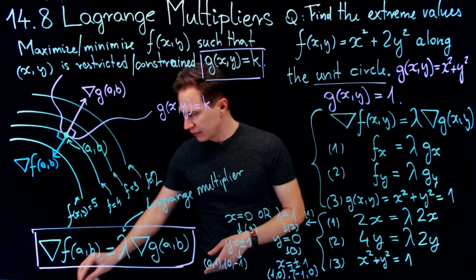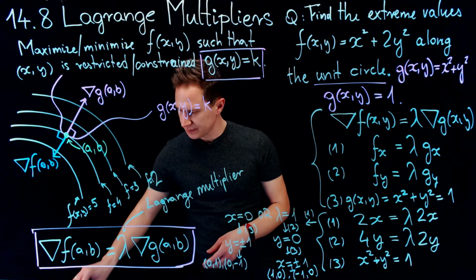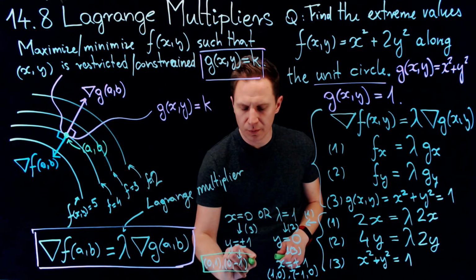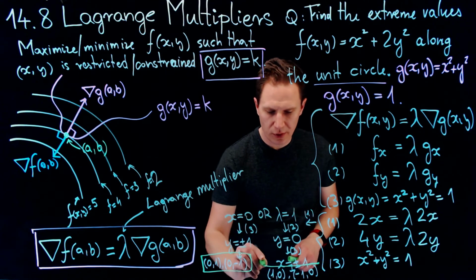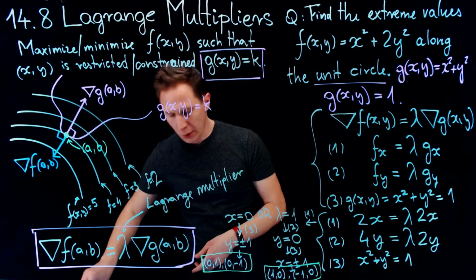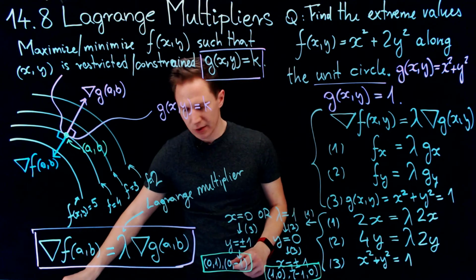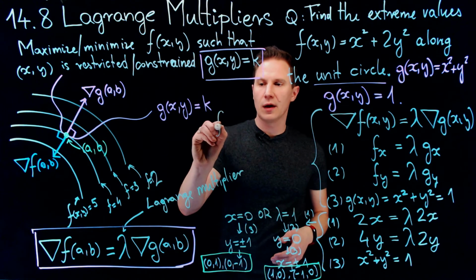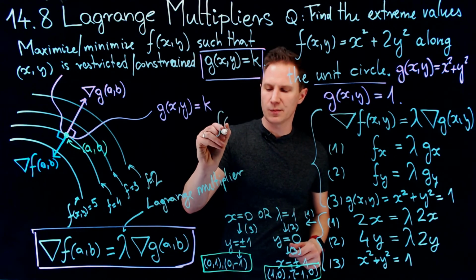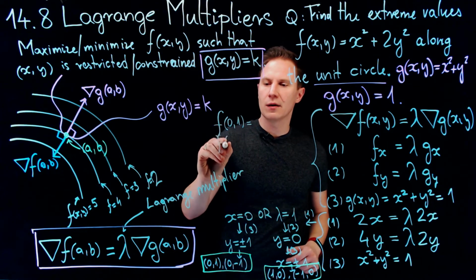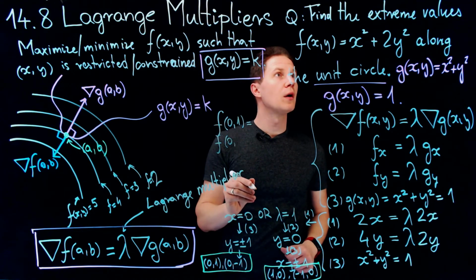So now we have found 4 points, and these are either local minima or maxima for our function, and points that lie on the unit circle. Now if we evaluate our original function at each of these points, we can see whether they are local minima or maxima.